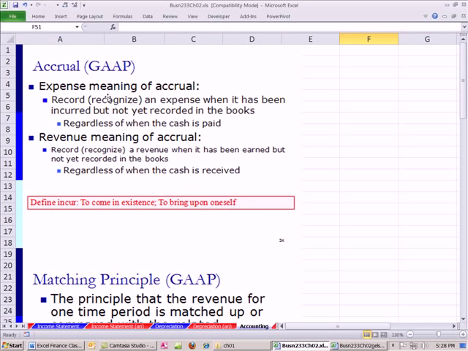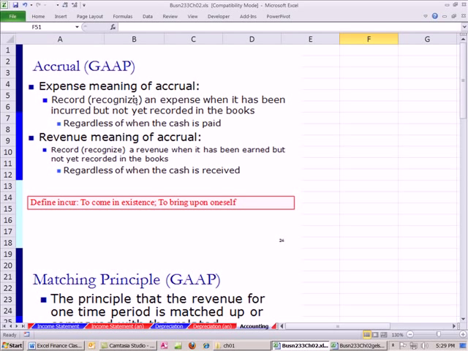Same with an expense. The meaning of expenses: record or recognize an expense when it has been incurred, regardless of when the cash is paid. So if you get the bill and you pay the cash, then the expense and the cash are the same. But if you get the bill, and businesses get bills all the time, and it sits, as soon as you get the bill, you have to record it on your balance sheet because you know that you owe that money.